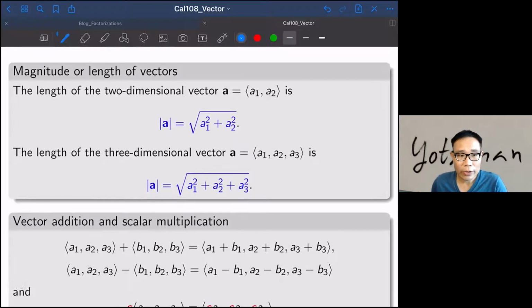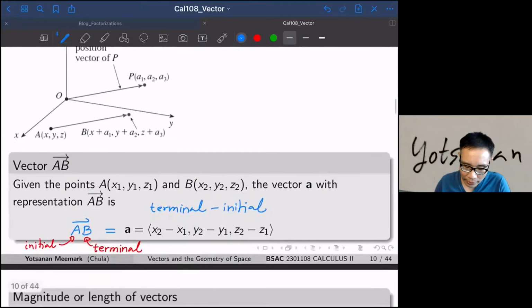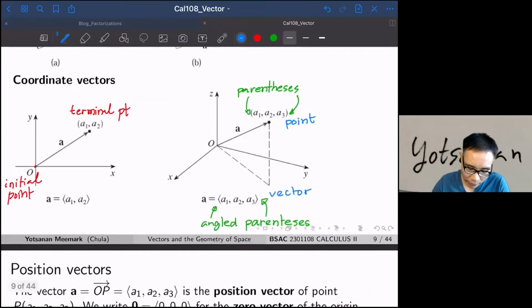The next one is about the magnitude or the length of a vector. If you'd like to find the length, you basically apply the distance between two points. It's the distance from this point to this point.